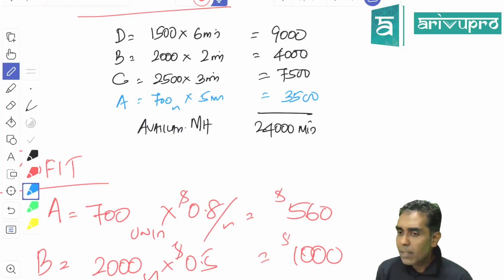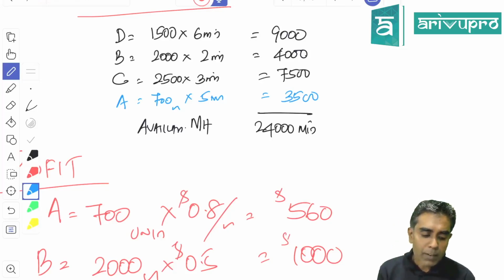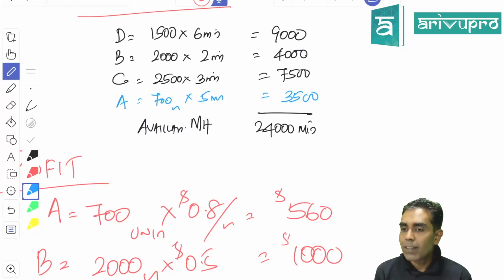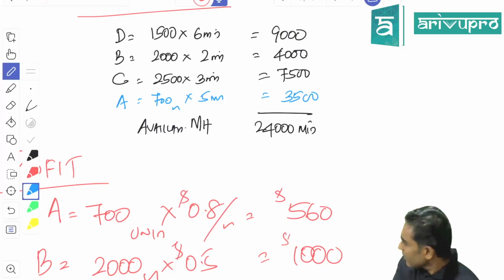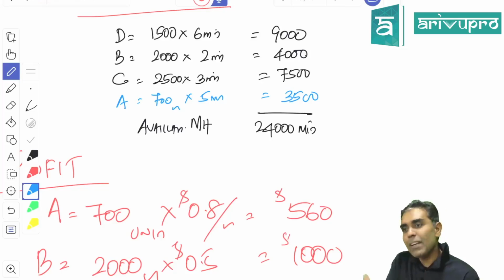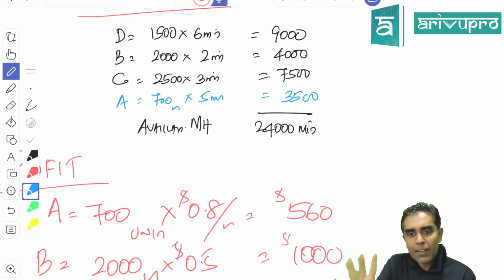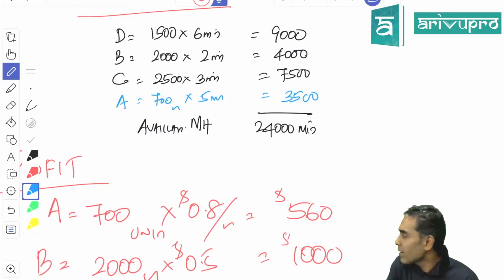At the end of the day, you can produce only one product, product D only. Sanjana, are you with me? If you do not have sufficient time to produce even a second product, you can't produce it. You can produce only one type of product at the end. You don't have sufficient resources to produce the rest, so you'll have to give up all the other products.